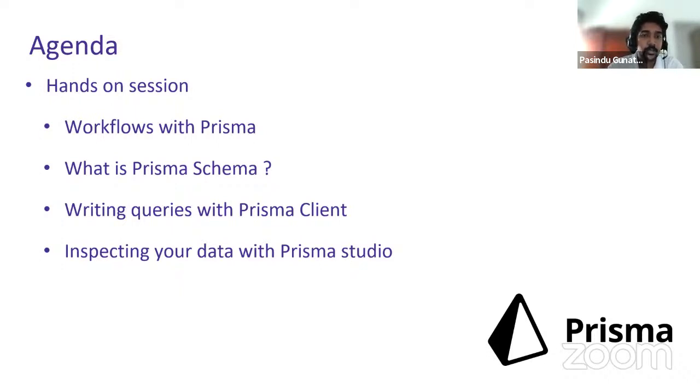Then we're going to write some queries with Prisma Client, and see how easy it is to perform database transactions and stuff like that. Finally, we're going to see Prisma Studio in action, which is going to help you a lot to visualize your data.